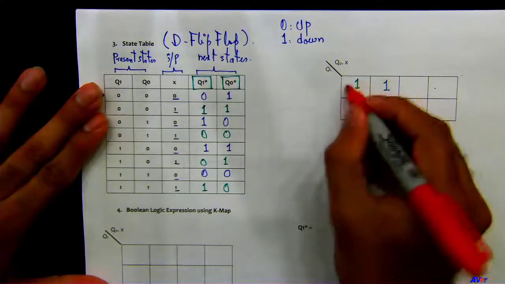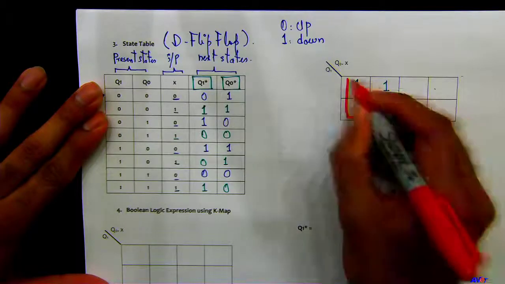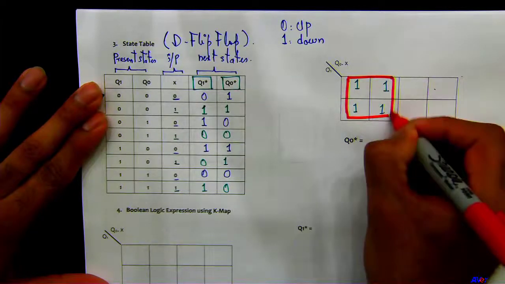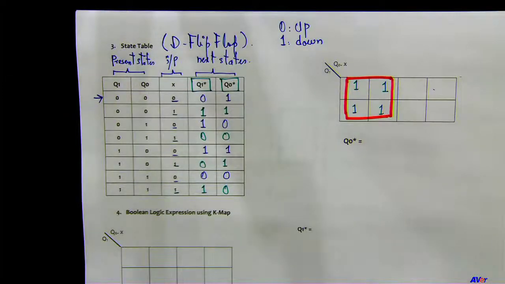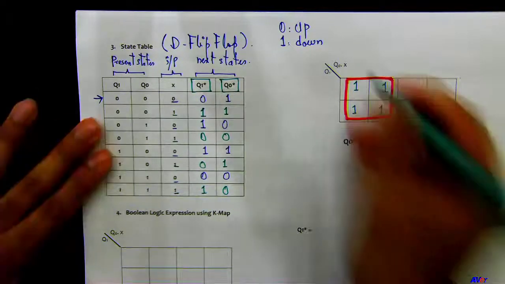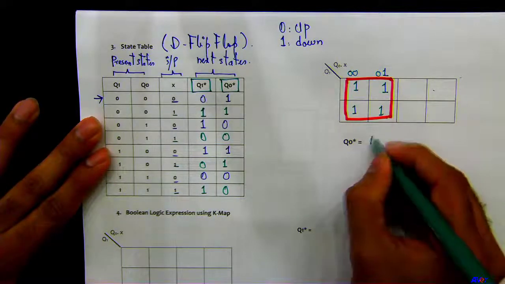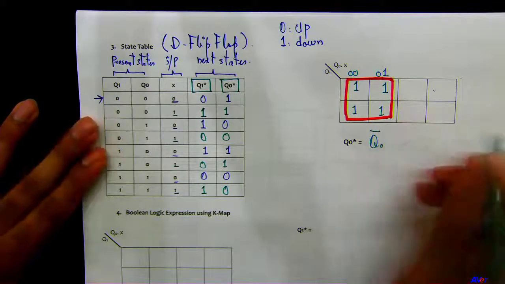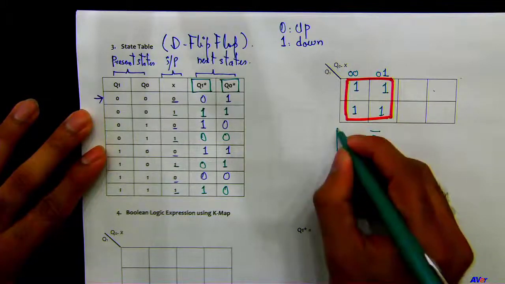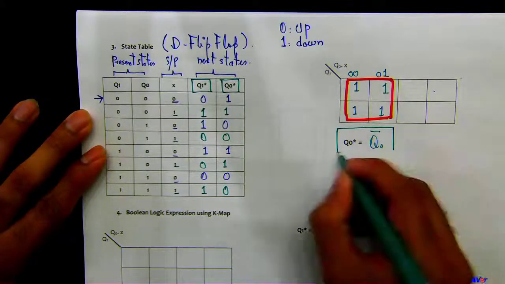We can make this card right here. And what will be the expression here, folks? Q0 asterisk would be how? You have 0, 0 and 0, 1 here, right? So that will be Q0 bar, correct? Okay.